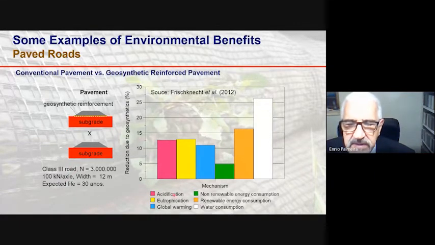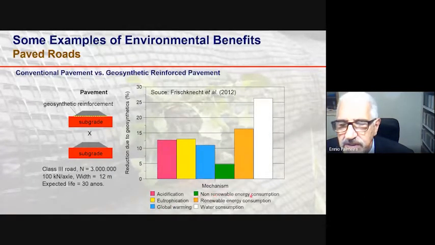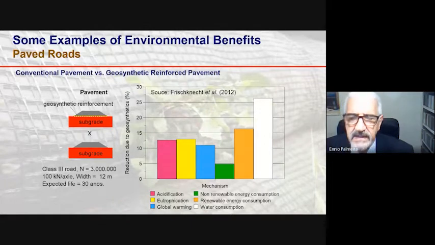So here you see parameters like acidification, eutrophication, gases that contribute to global warming, consumption of non-renewable energy, consumption of renewable energy, and water consumption. So you see that the solution using the geosynthetic reinforcement reduces the environmental impact related to these parameters. We can have significant reduction in some cases.